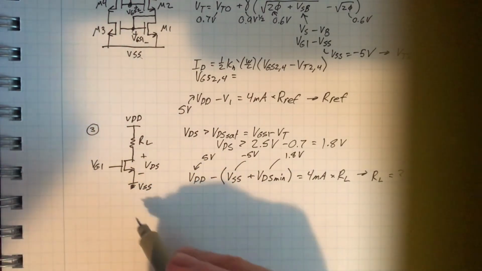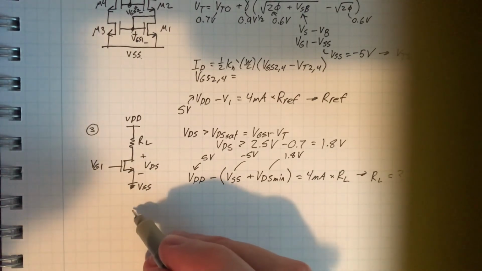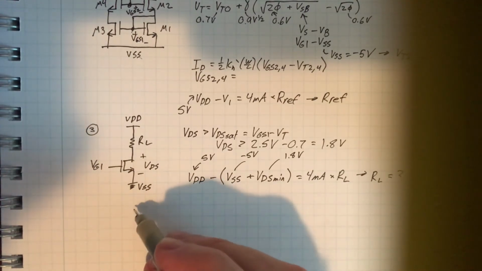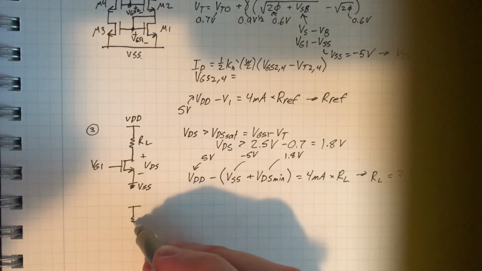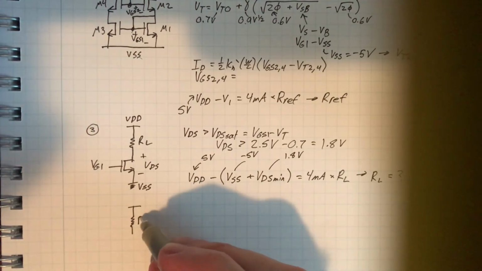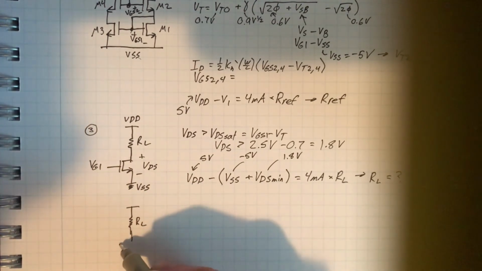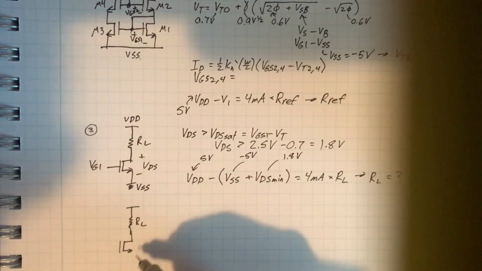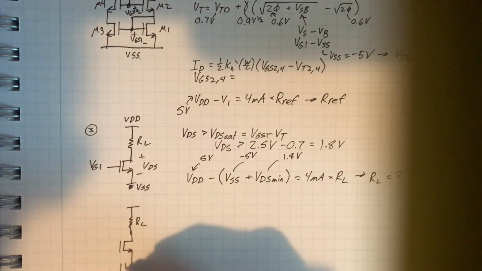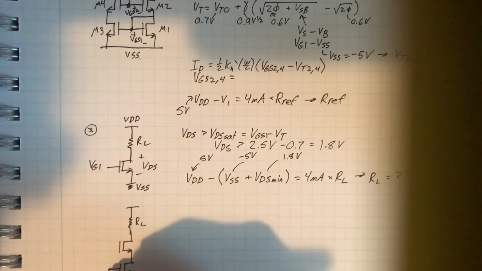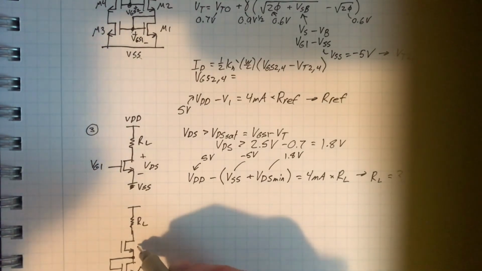We have to do the same thing for the Wilson. Wilson's a little bit different again, so just draw it real quick. This was M1 and M2.